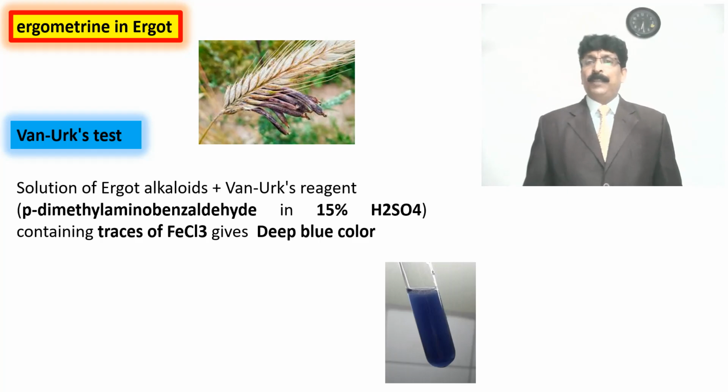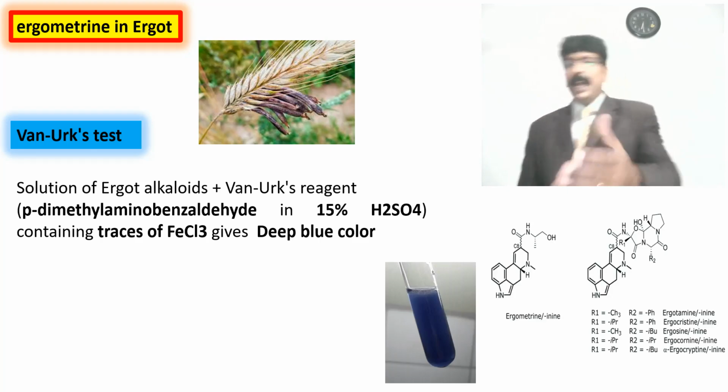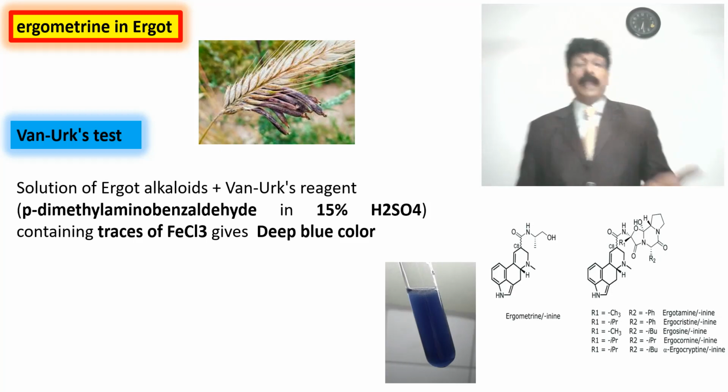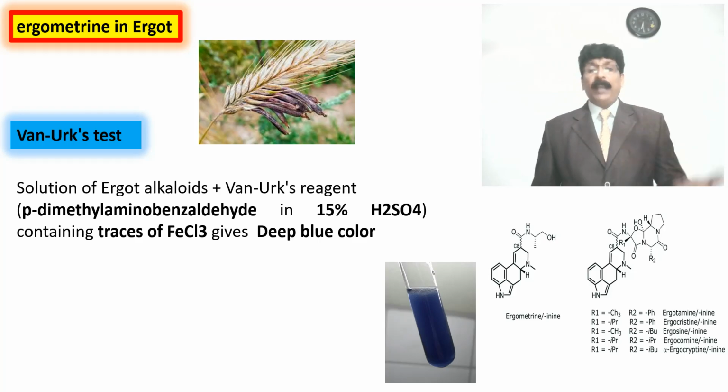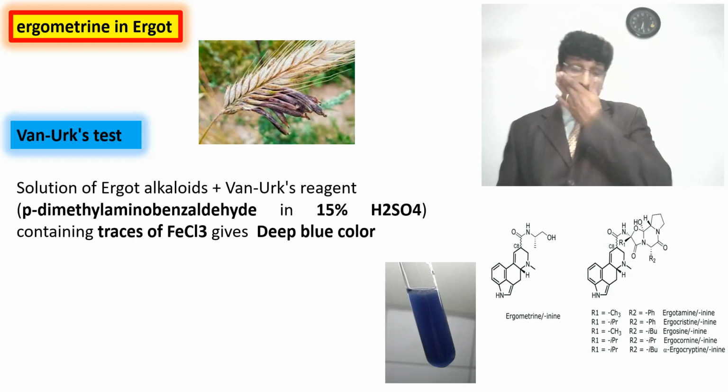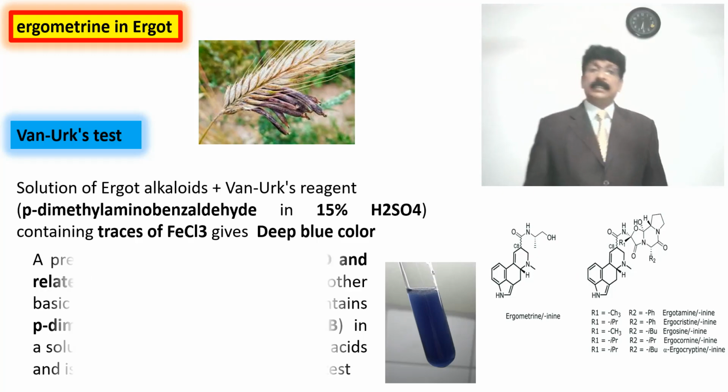the picture. We have many alkaloids as I showed: ergotamine, ergocristine, ergosine, ergonine, and ergocryptine is also present, with slight differences in their substitution.